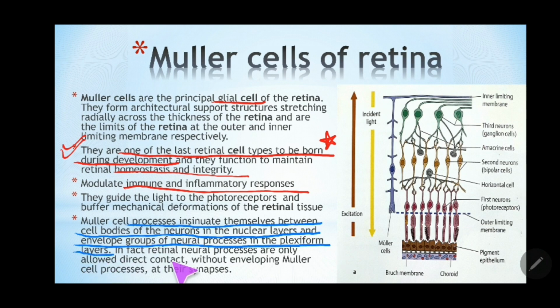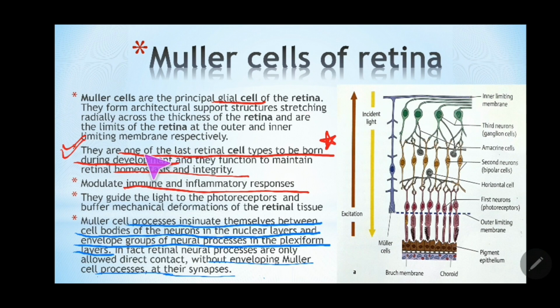In fact, retinal neural processes are only allowed direct contact. So there should be only direct contact with the retinal neuronal processes without enveloping Muller cell processes at the synapses. This is an important point. So that was about the Muller cells. I believe you got to know some important points.